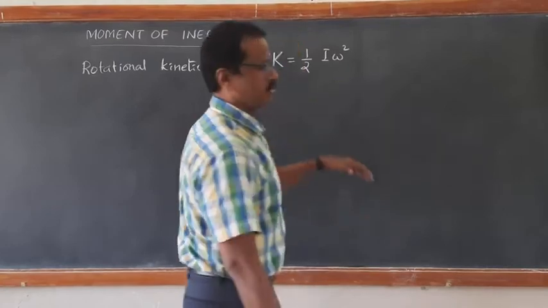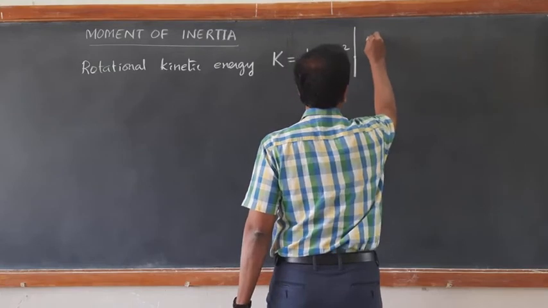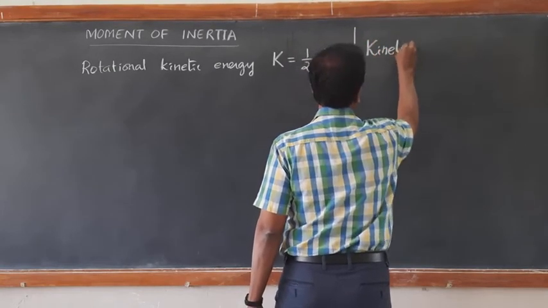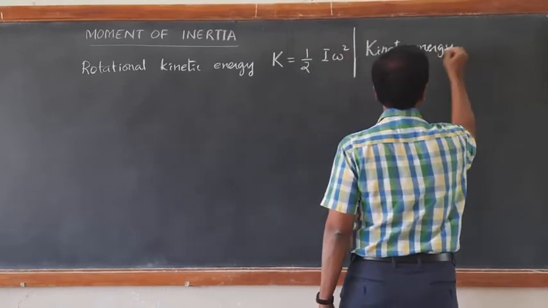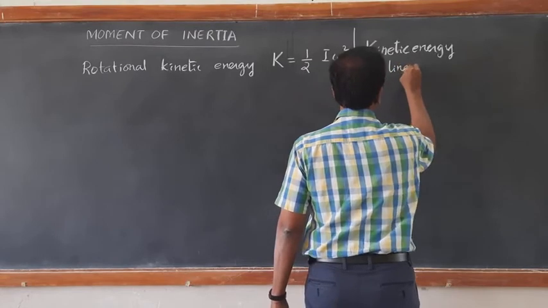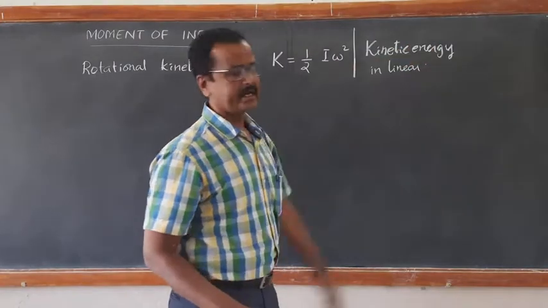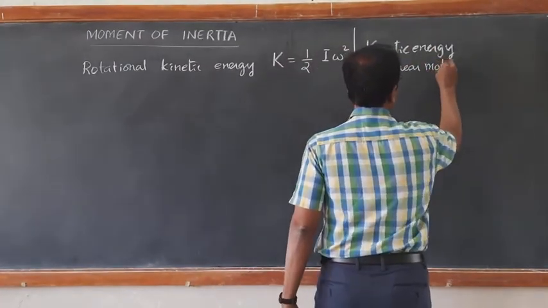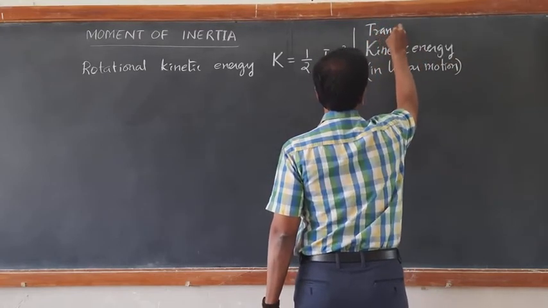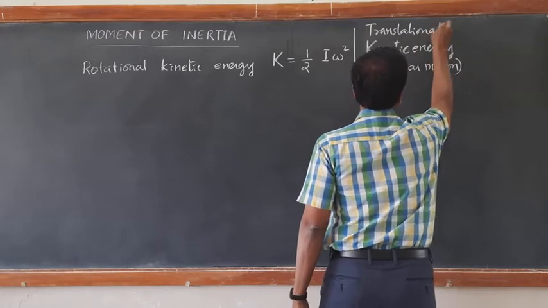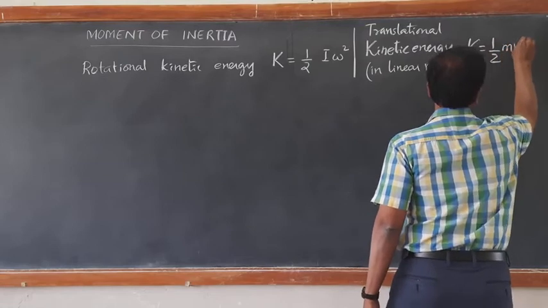Whereas the kinetic energy of a body in linear motion, or translational motion, we can say translational kinetic energy, we can write as K is given by half m v square.